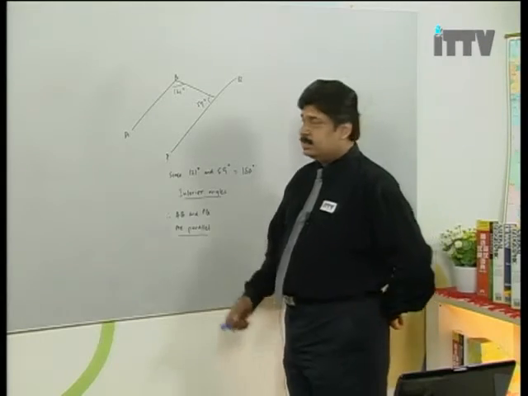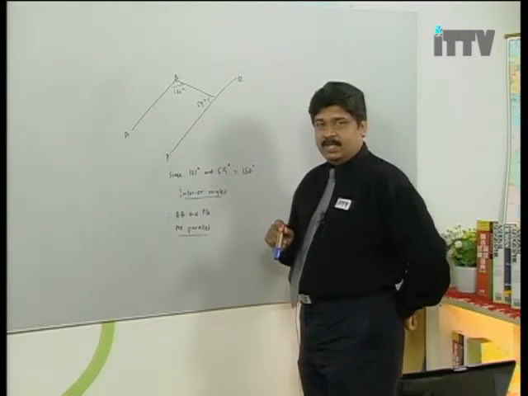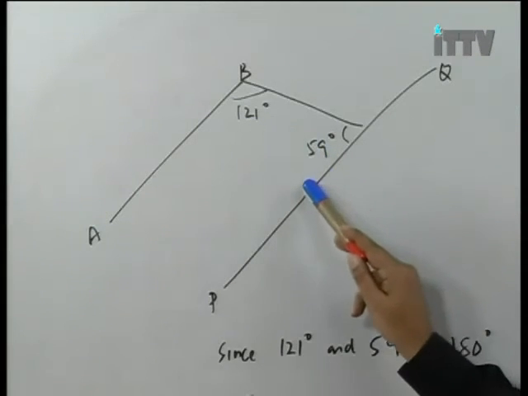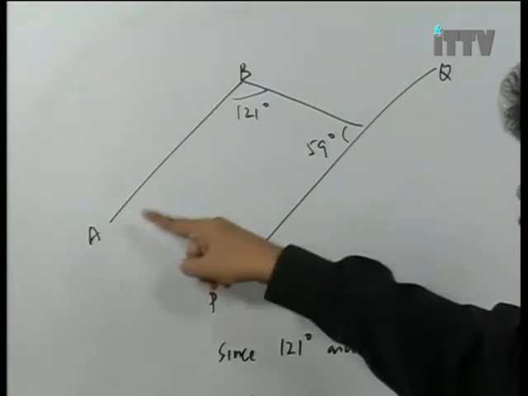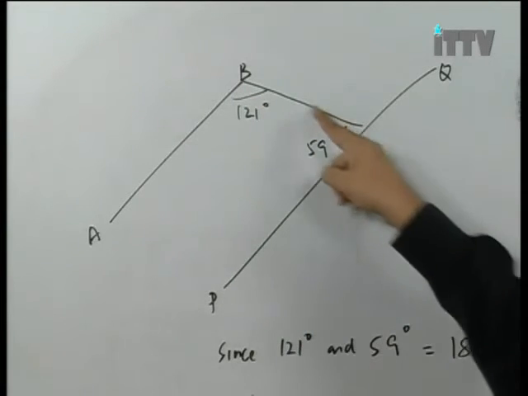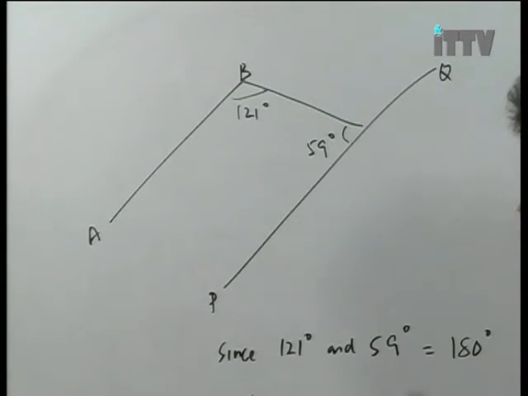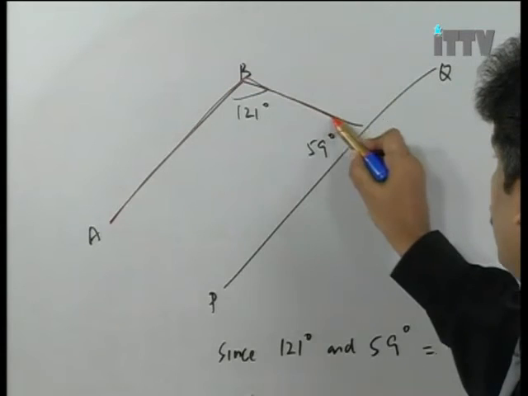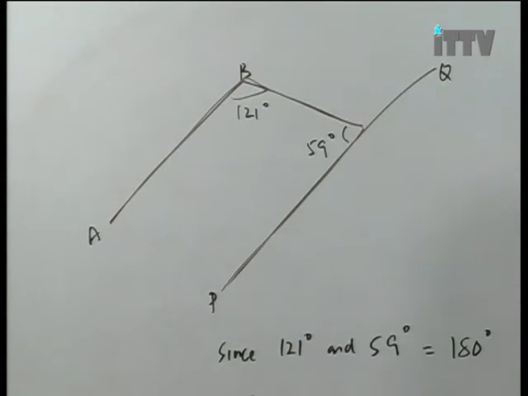Well, boys and girls, looking into this question, if you look on closer examination, we find that both angles, 121 degrees and 59 degrees, are located in a squared U form. If you remember in our earlier lessons, I did mention to you the squared U. This squared U represents the interior angles.